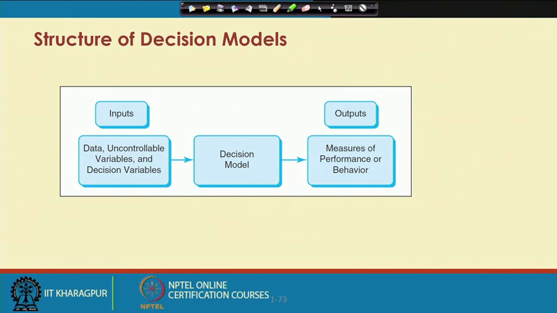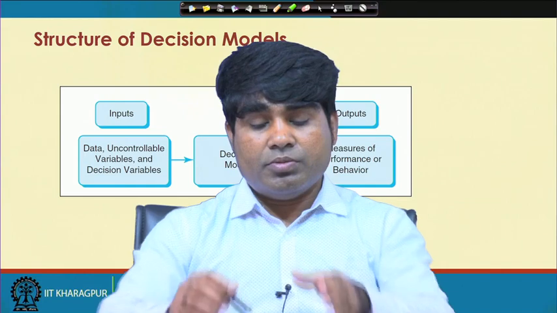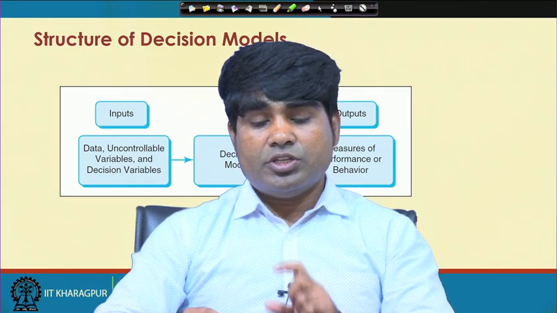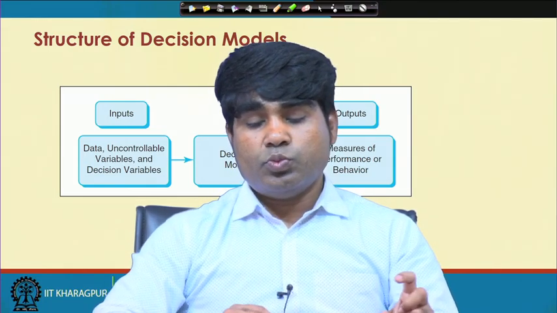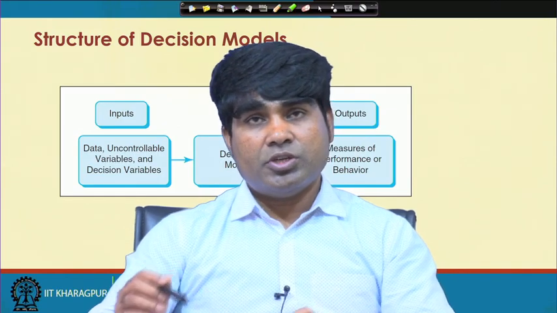The input side is technically called independent variables, which may be data, variables that may be control or non-control, and some decision variables. Finally, we have the decision making model. The model itself will connect the inputs and give some kind of message to the output.